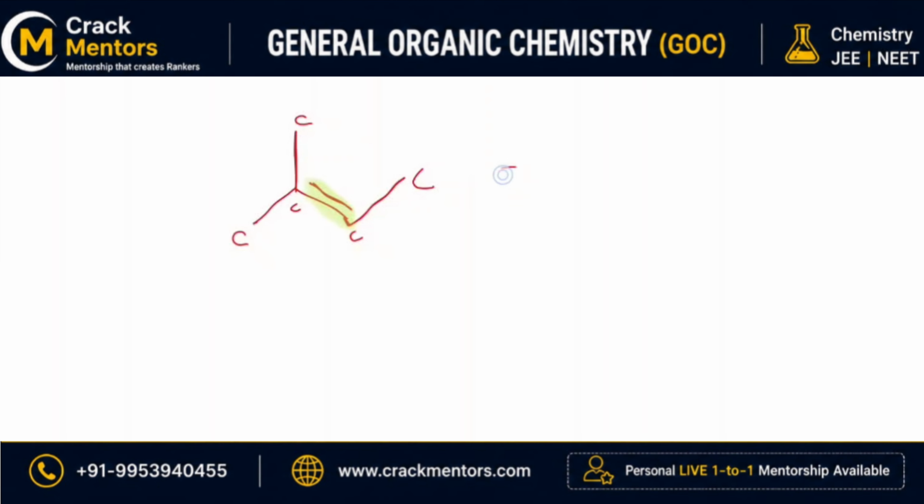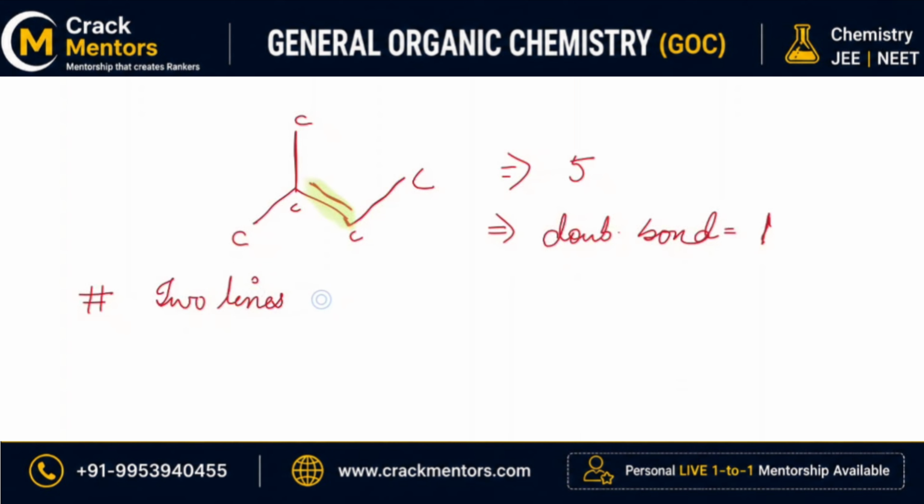So, how many carbon atoms are there? 5. And how many double bonds are there? That is 1. So I can write that 2 lines drawn together represent a double bond.